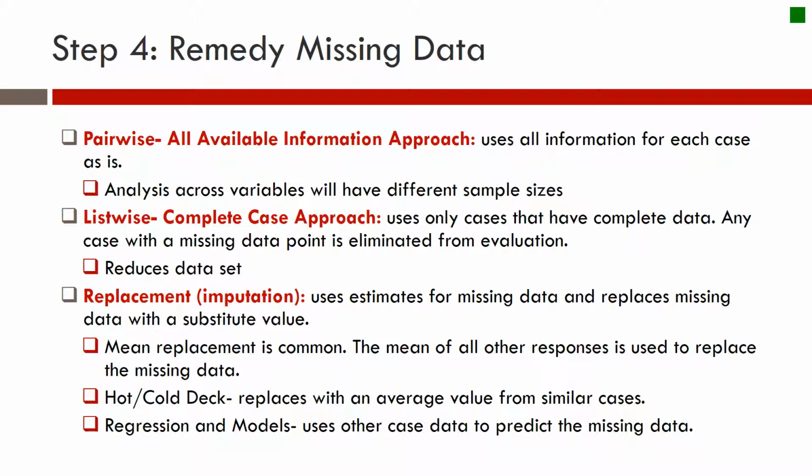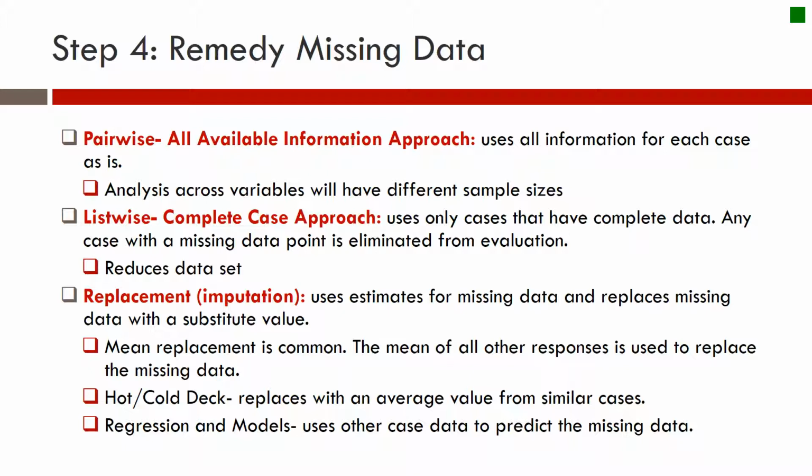And then finally, we can create regression models that would predict what a person would input in that missing data spot based on the other data that is returned. So in other words, we can create a model to predict, and the dependent variable would actually be the missing variable.